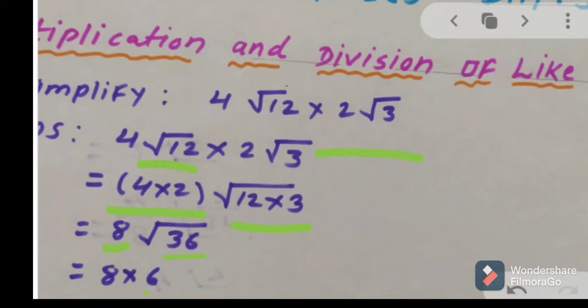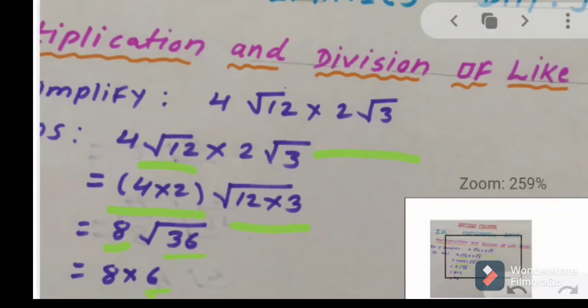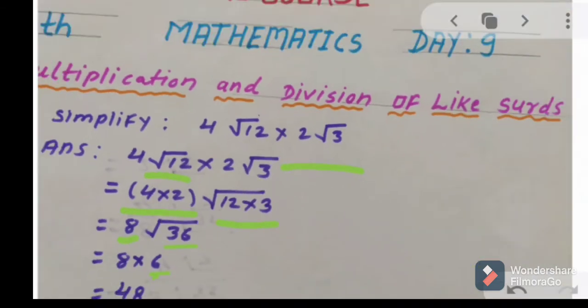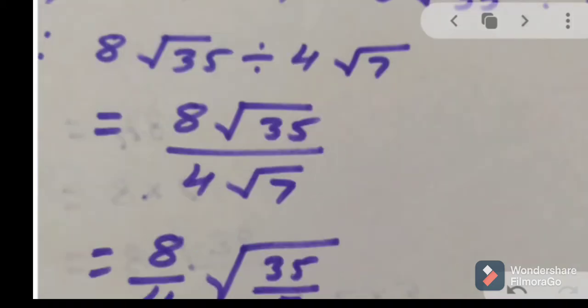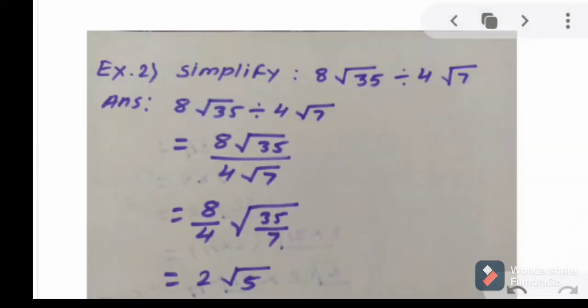Okay friends, so the coefficients, that means the rational numbers 4 and 2, are taken in the first bracket, that is 4 into 2, and the numbers under the radical sign are taken under the radicand.